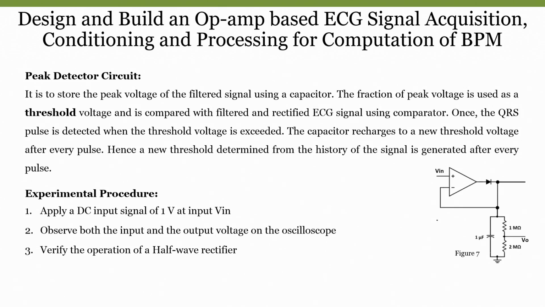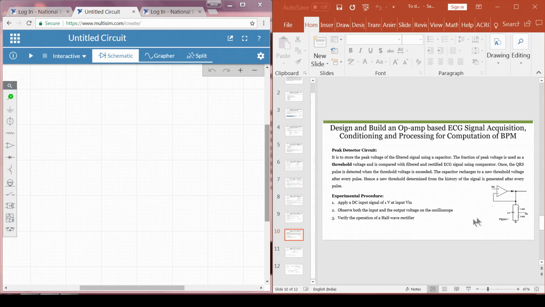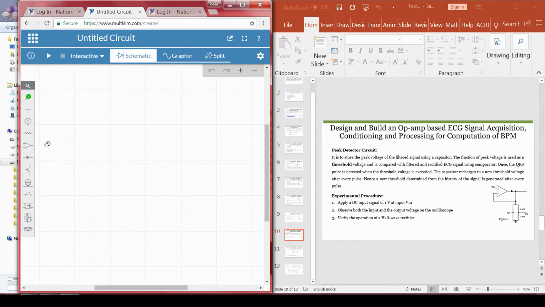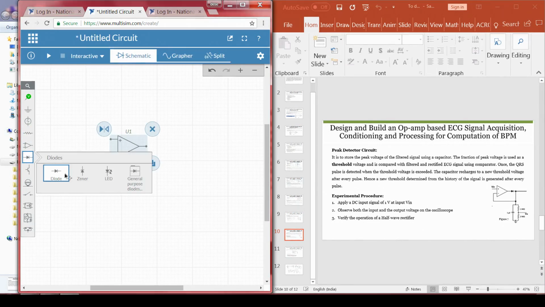So, just open Multisim. If you recall the circuit we have discussed, we need this particular part. So, I will take an op amp, right, and I need a diode. So, I will take a diode.